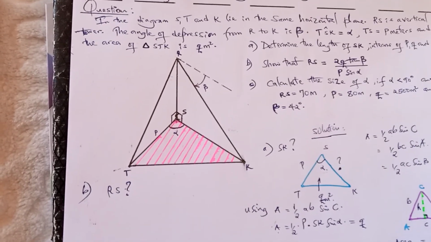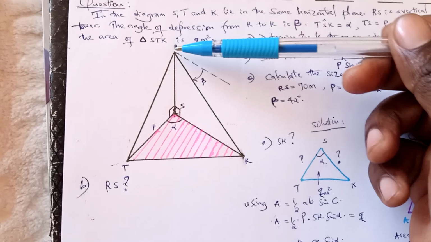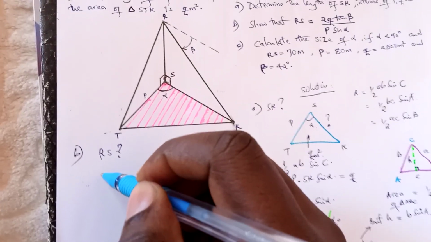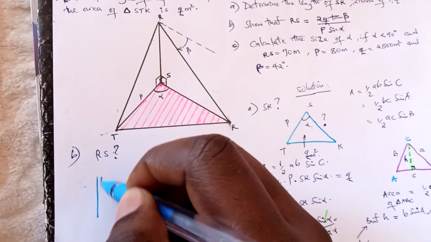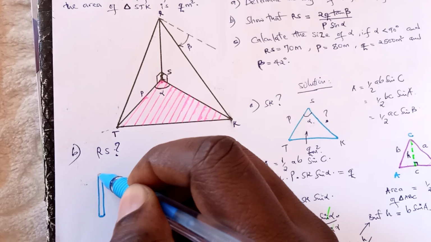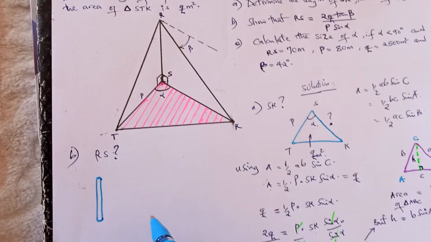So let us try to sketch. We want this. So if this is our tower, trying to visualize, this is our tower RS.